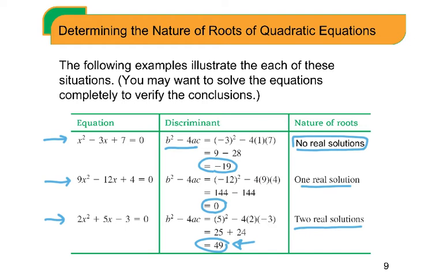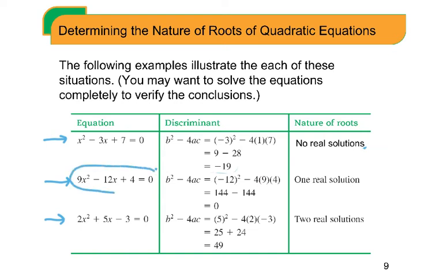Not much room here, but let me see what I can do. We will factor this one, okay? If it has one real solution, it's a perfect square. So 9x squared, that's going to be 3x. And this better be 2, and it should be negative.